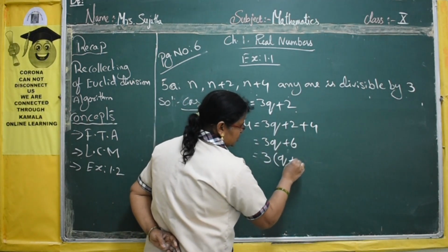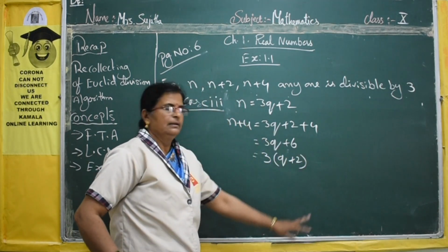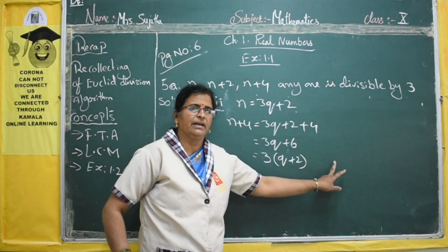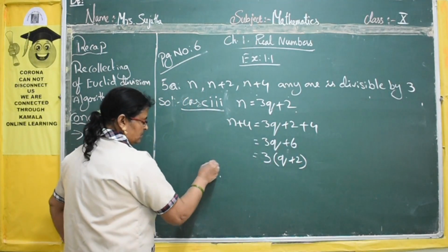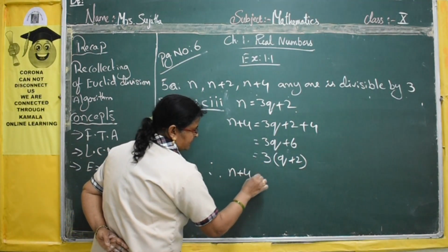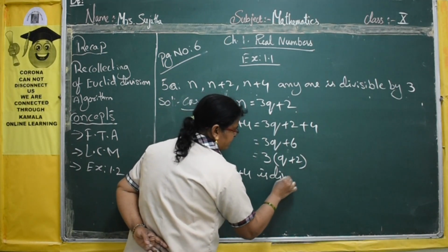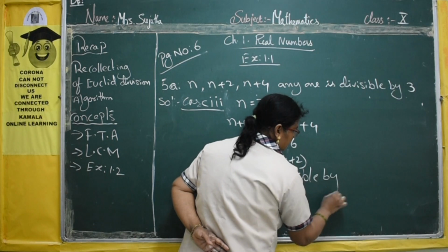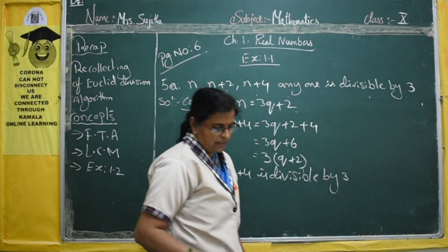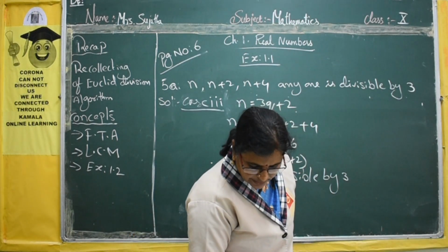Now q plus 2. Is there any remainder here? Did I write plus any number after the plus? No. So remainder is not there. Therefore n plus 4 is divisible by 3.